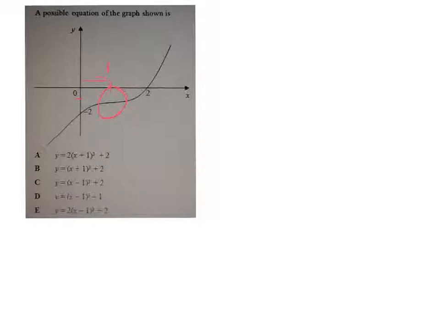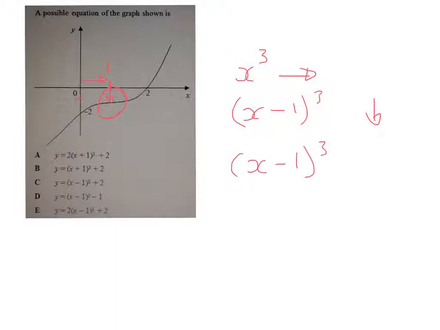So going across by 1 and down by 1, this would take our normal x cubed graph. To shift it to the right, we turn this into an x minus 1 cubed graph. And then to shift it down by 1, we then create this x minus 1 cubed, take away 1.